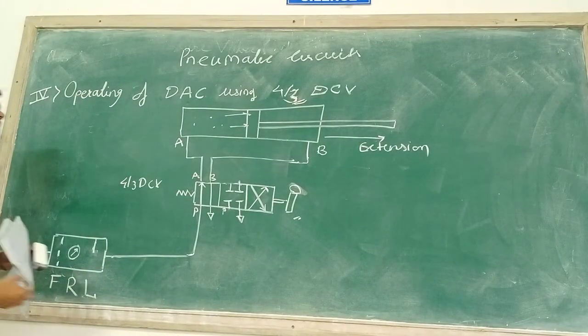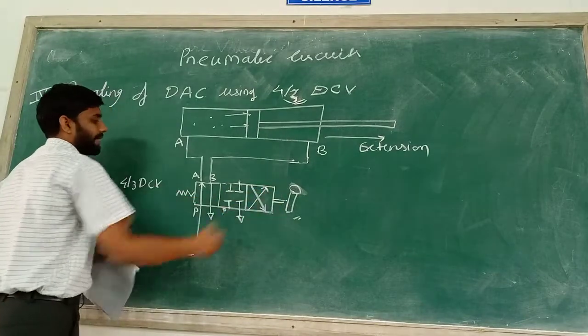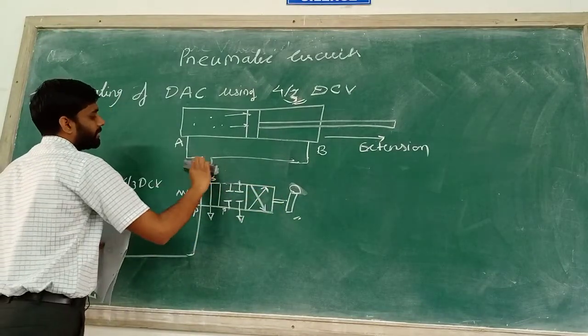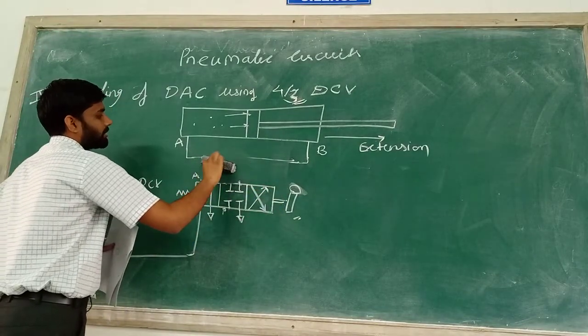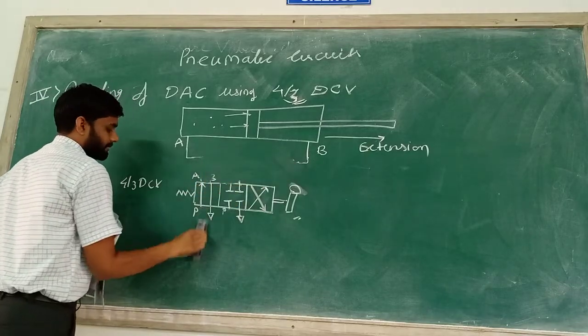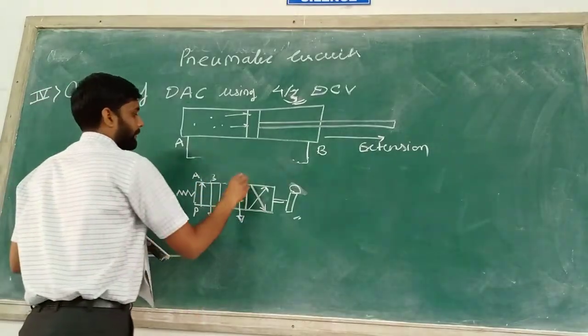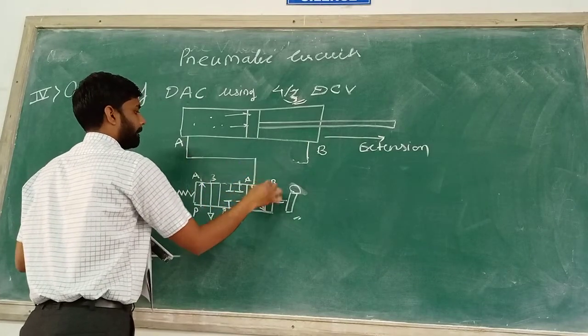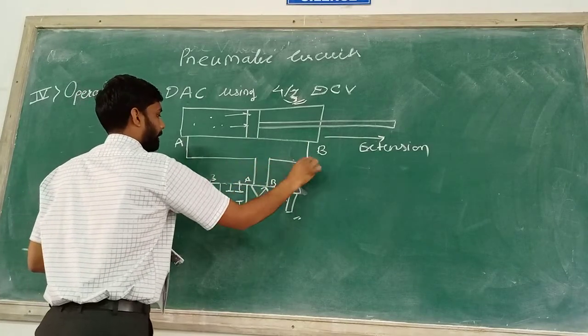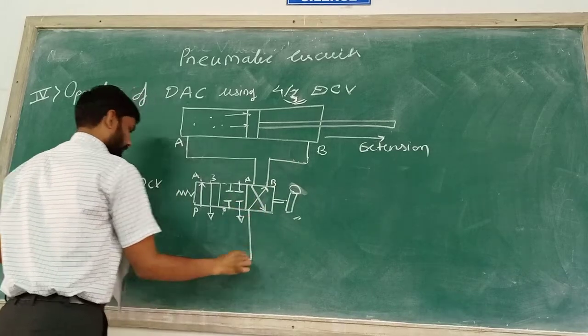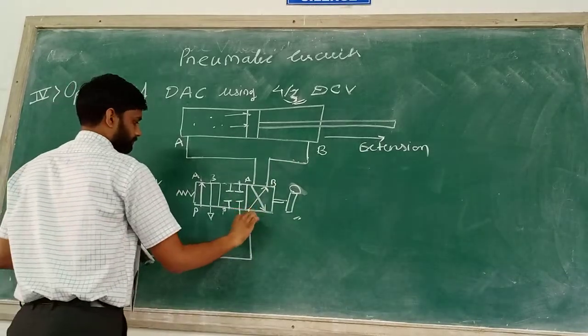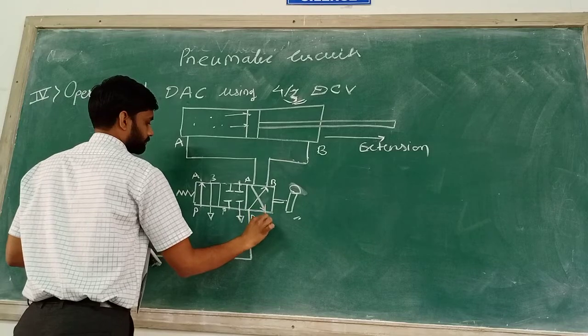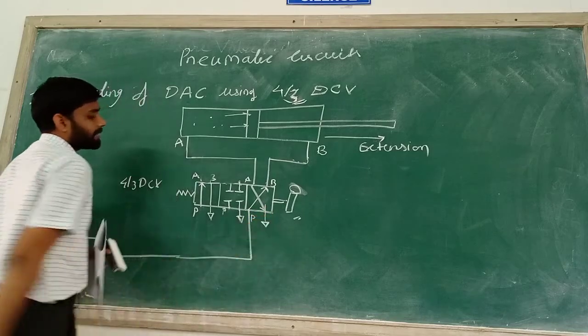Okay, and when we again change the position of this direction control valve by using this lever, and set it to position number 3 like this, at that time, what will happen?